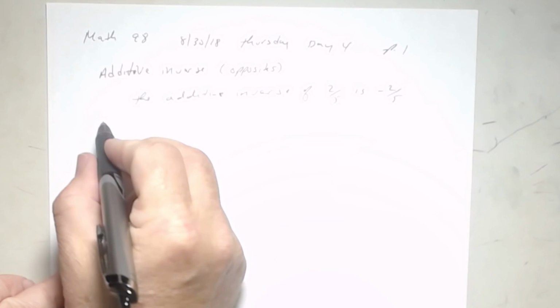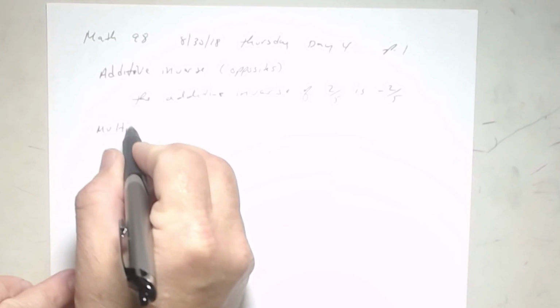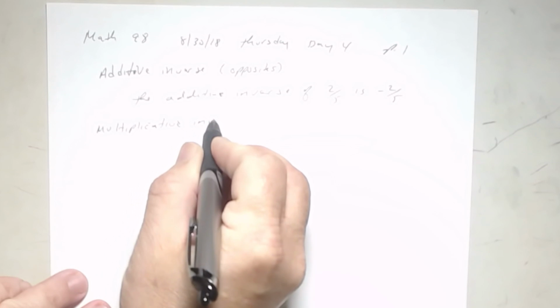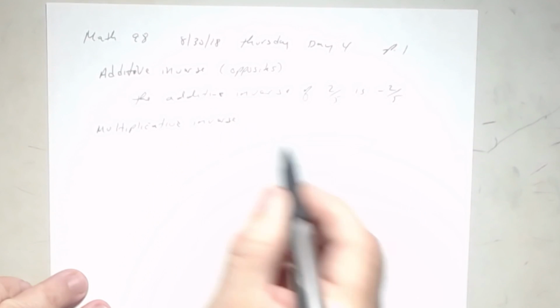Okay, then we talked about multiplicative inverse. And what's another word for multiplicative inverse? Reciprocals.